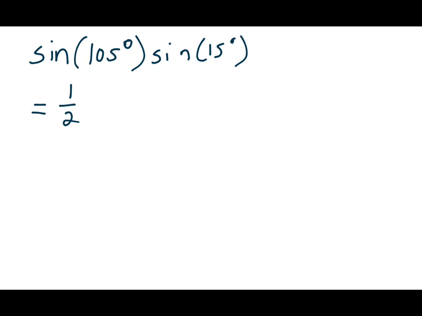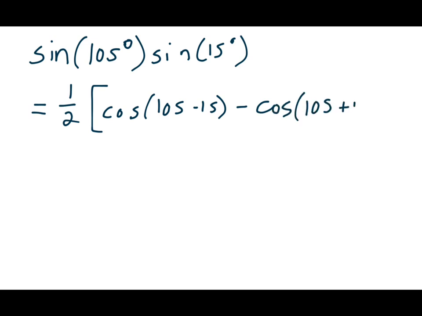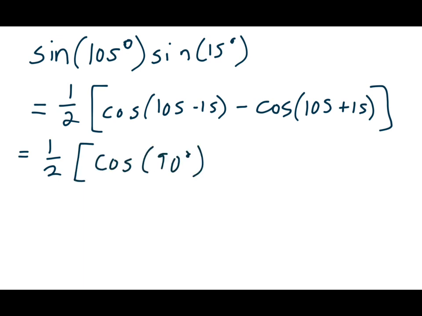They're going to be some weird number. So if we plug into our formula, that's going to be 1/2 times cosine of 105 minus 15 minus cosine of 105 plus 15, which is 1/2 times cosine of 90 degrees minus cosine of 120 degrees.